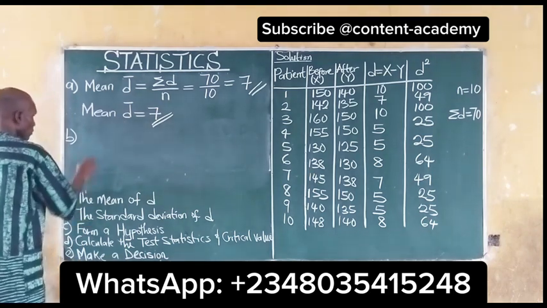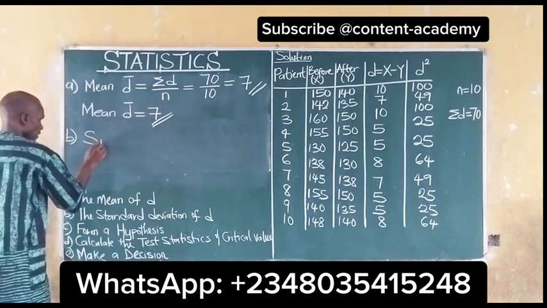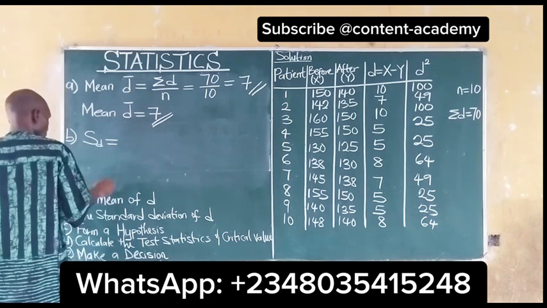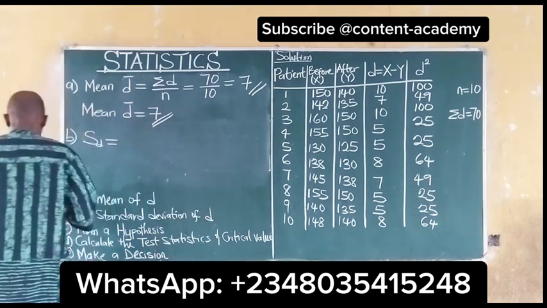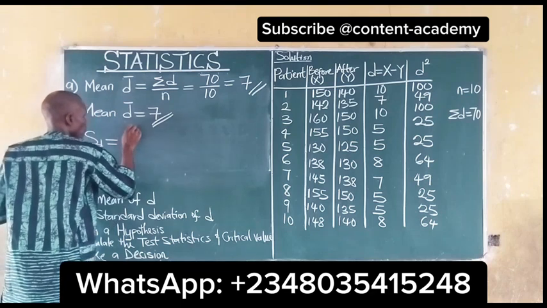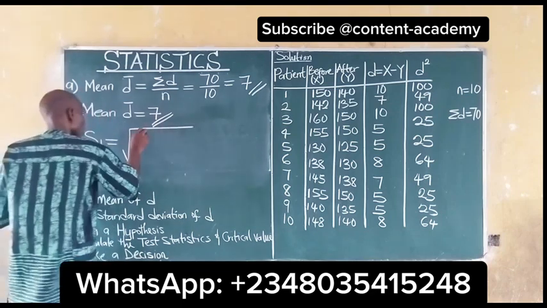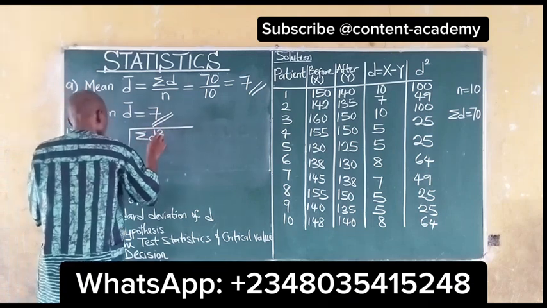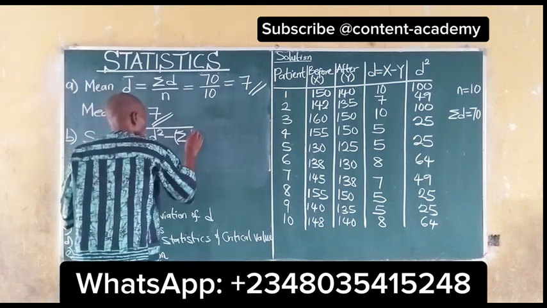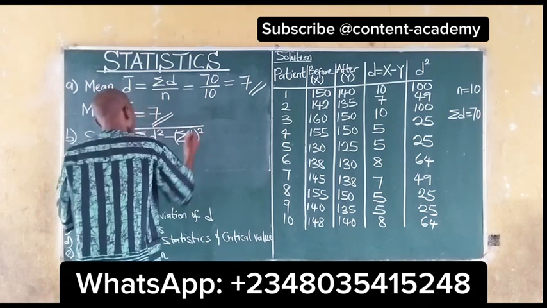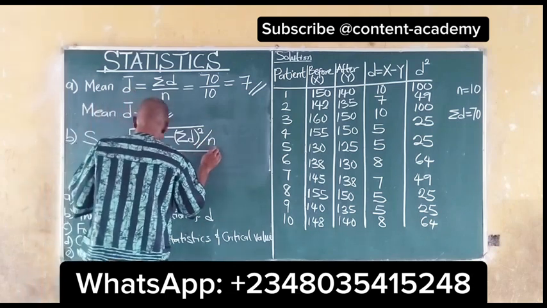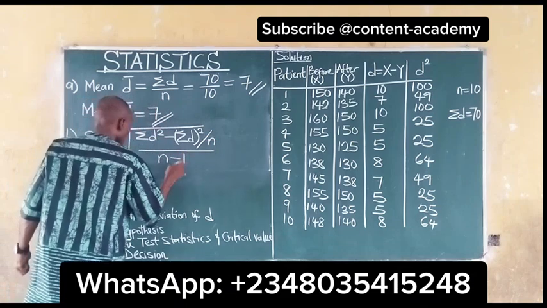The standard deviation, which is denoted as s d, can be written as the square root of summation of d squared minus summation of d all squared over n, all divided by n minus 1.